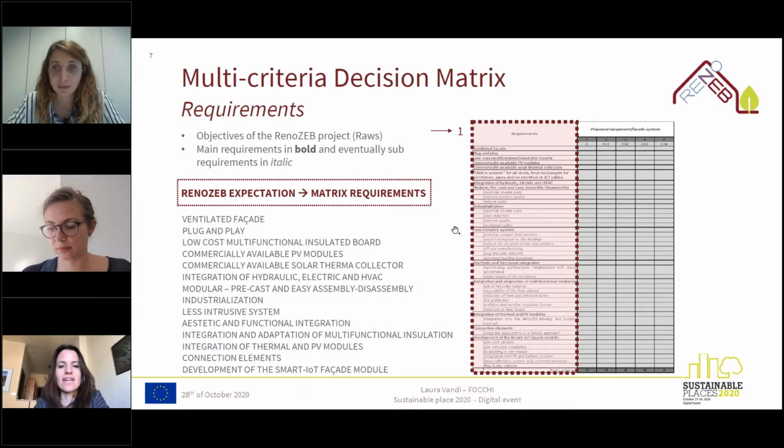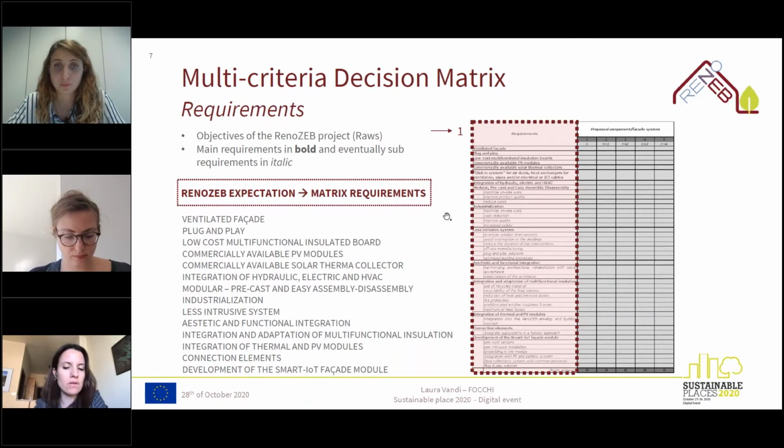Okay, and so I come to the second question. Among the criteria for the choice of the solution, did you take also into account the cost per square meter? Because I guess if this type of renovations should hit the market and allow a broad renovation of the building stock, probably a cost-efficient solution should be advisable.